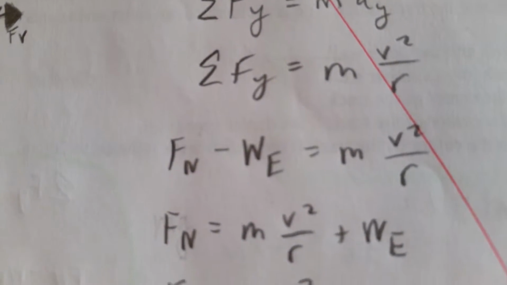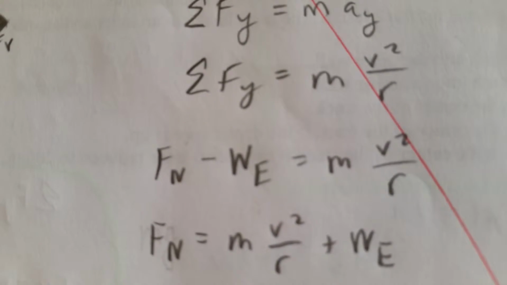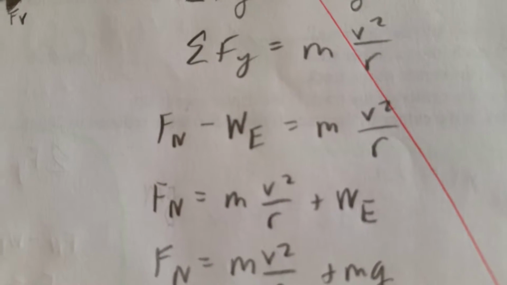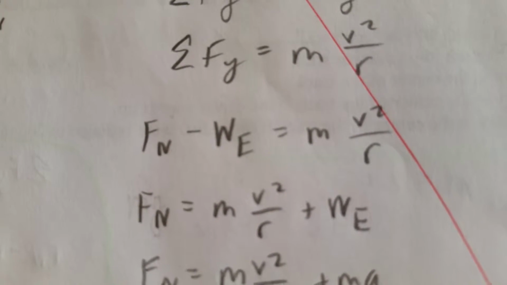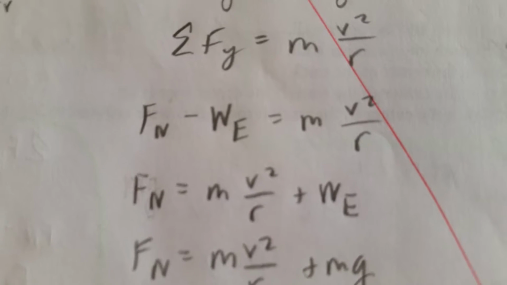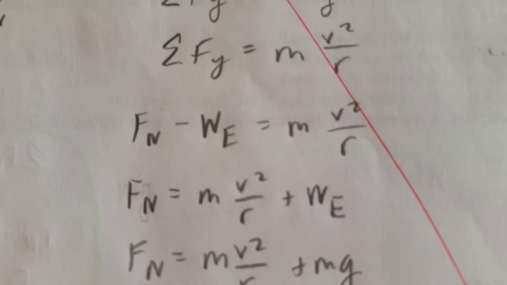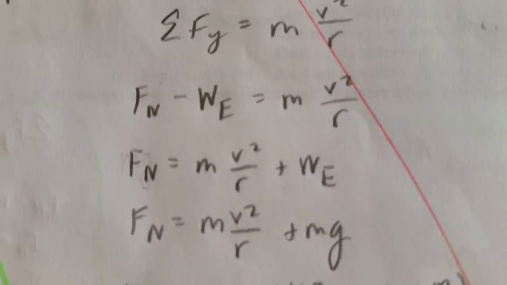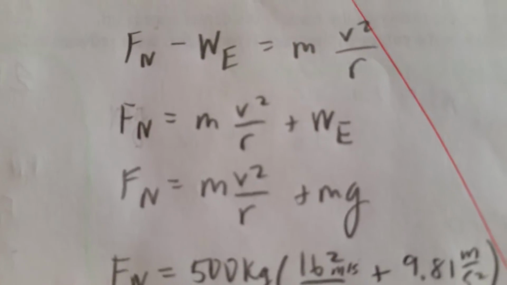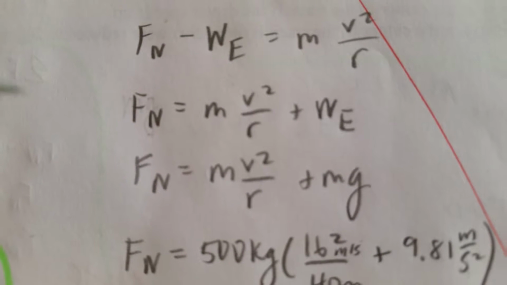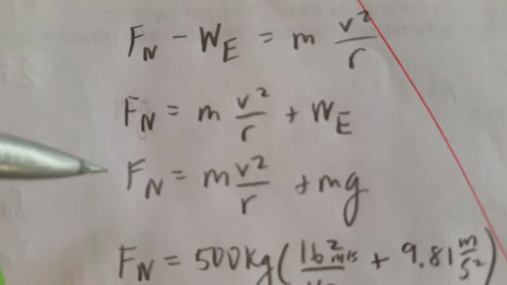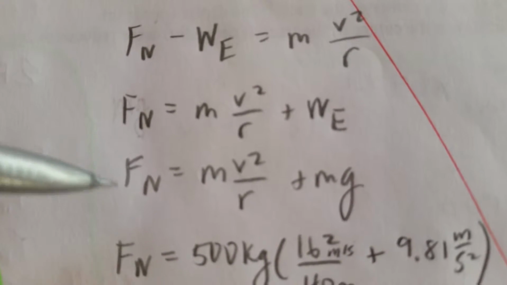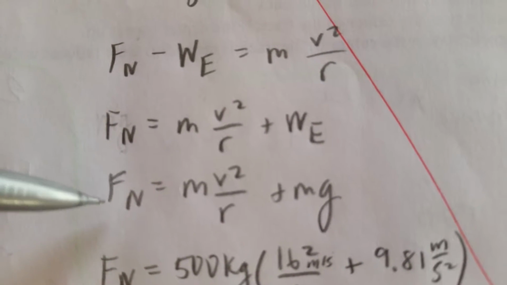Since y going up is positive and down is negative, the force normal is going up, and you subtract the weight of the Earth acting on the roller coaster. Then you bring down m times v squared over r, and solving for force normal, which is the force of the track on the car, gives that formula right here.